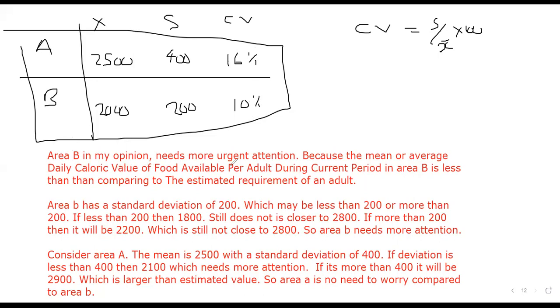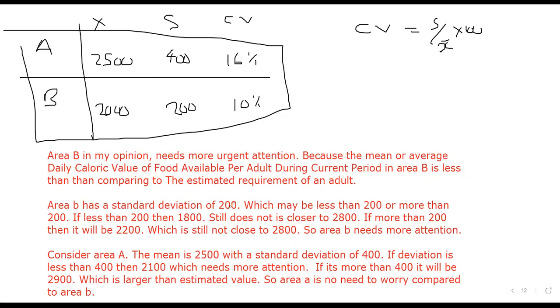Area B needs urgent attention because the mean, or the average, of the caloric value of the food available per adult during the current period in area B is less compared to the estimated requirement of an adult.